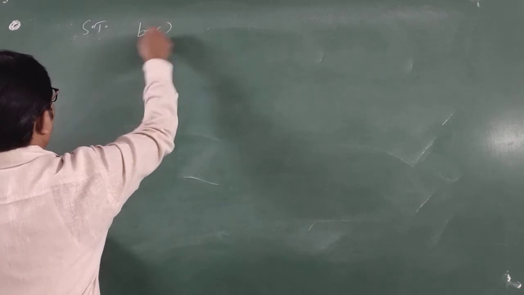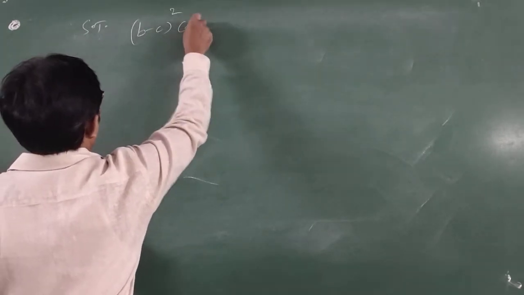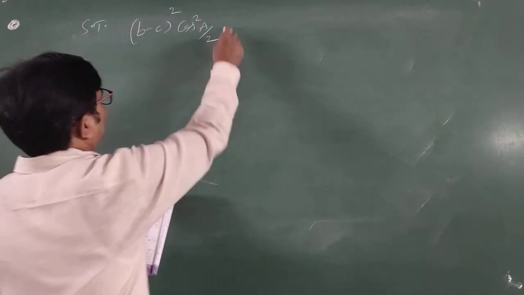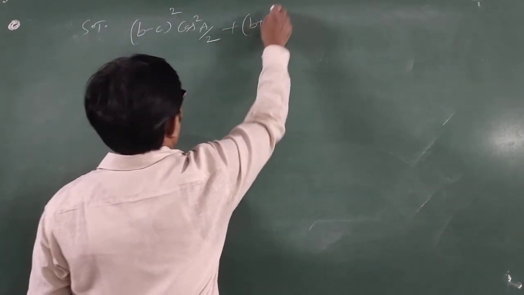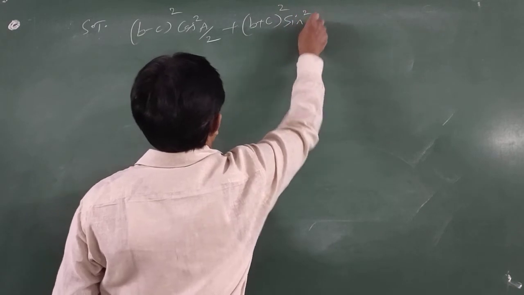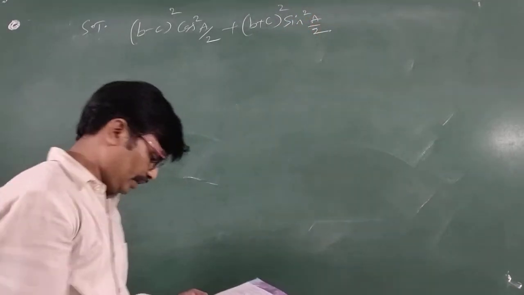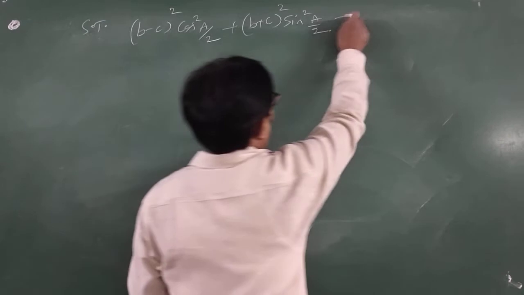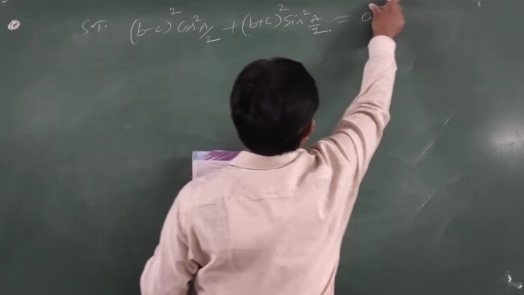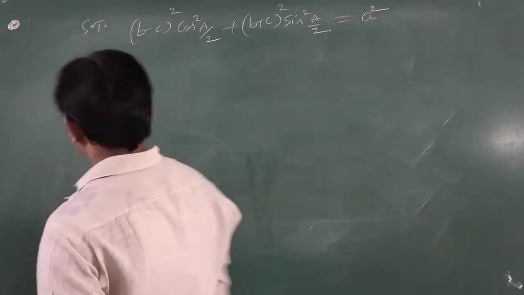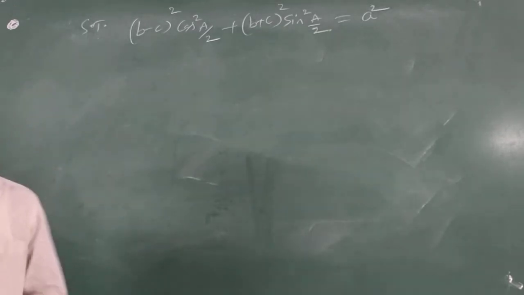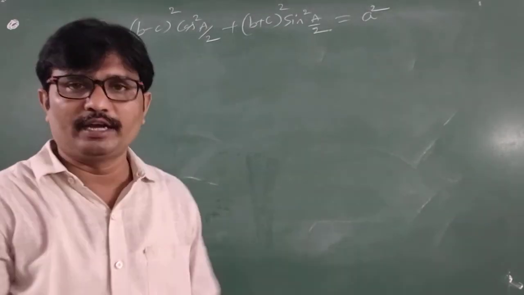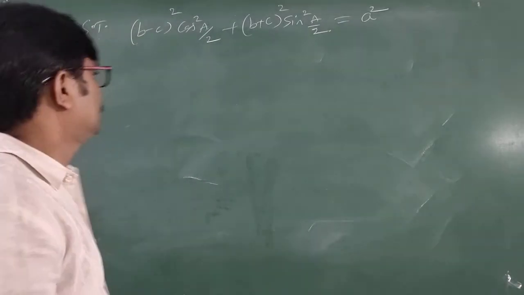So that (b minus c) whole square cos square A by 2 plus (b plus c) whole square sin square A by 2 equal to a square. So students, (b minus c) whole square into cos square A by 2 plus (b plus c) whole square into sin square A by 2 is a square.